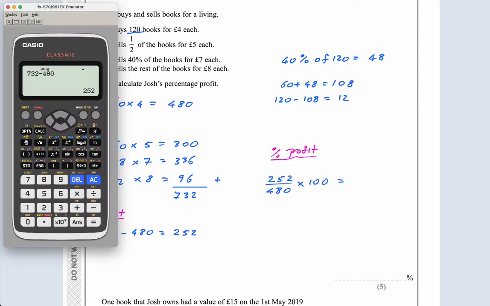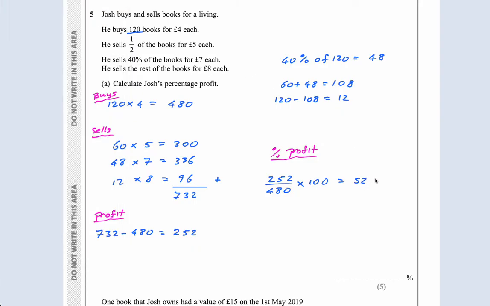I get 252 divided by 480 times 100, and I get 52.5%.